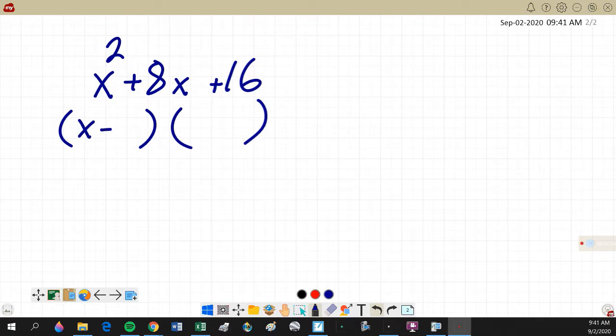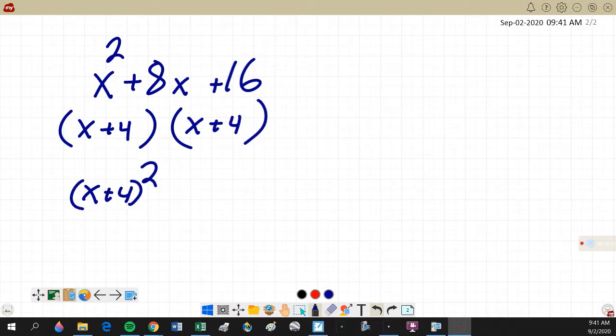X plus 4 and x plus 4. So I could condense those into x plus 4 squared. This is called a perfect square trinomial, and you don't really need to remember that, but it's a quadratic that was created by duplicate factors, which means it was created by duplicate roots.